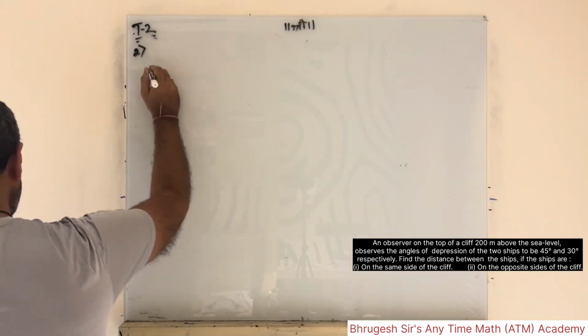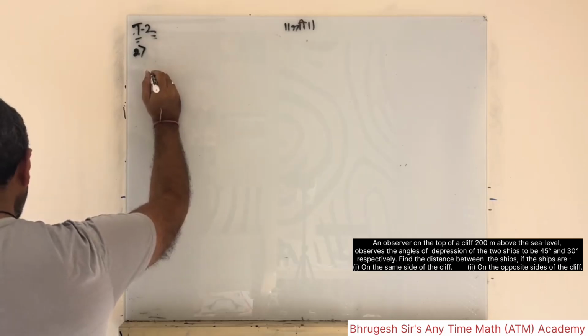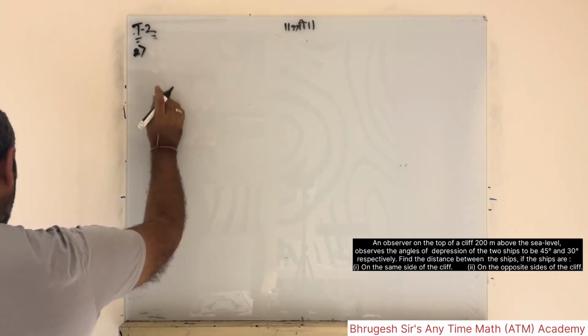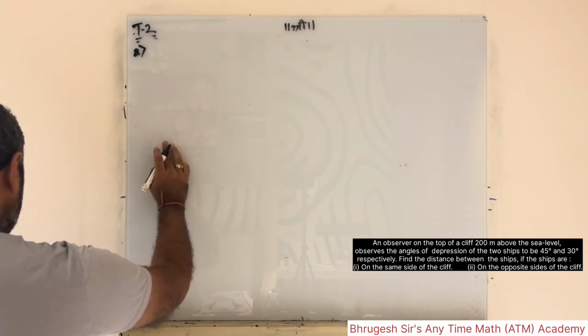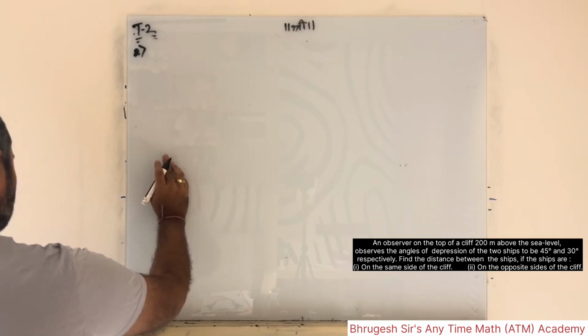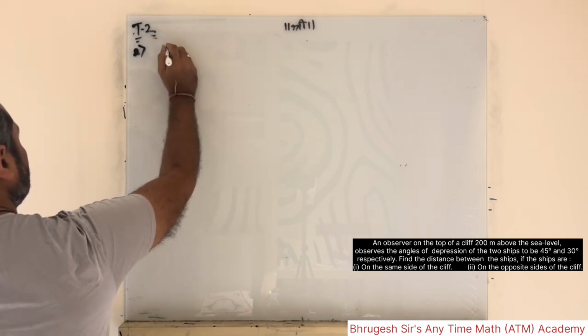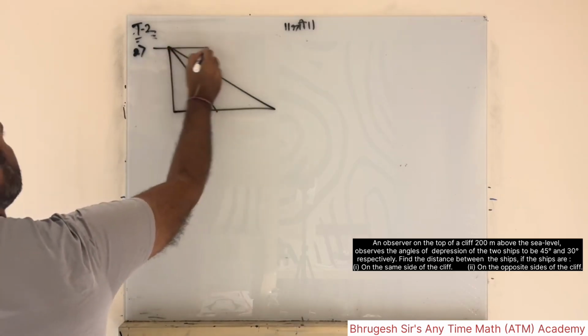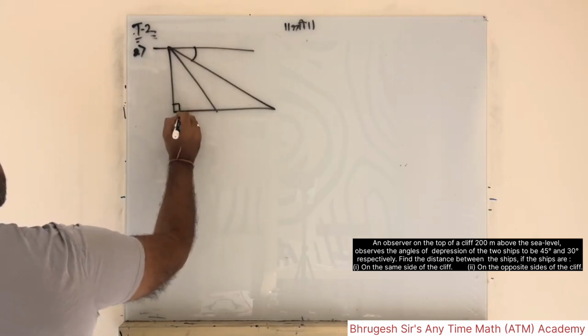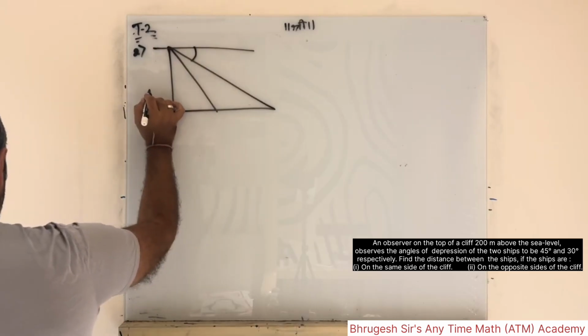Question number 2. An observer on the top of a cliff 200 meters high observes the angle of depression of two ships to be 45 degrees and 30 degrees. Find the distance between the two ships if they are on the same side. So when the two ships are on the same side of the cliff, how much is the distance, beta? This is 200 meters.